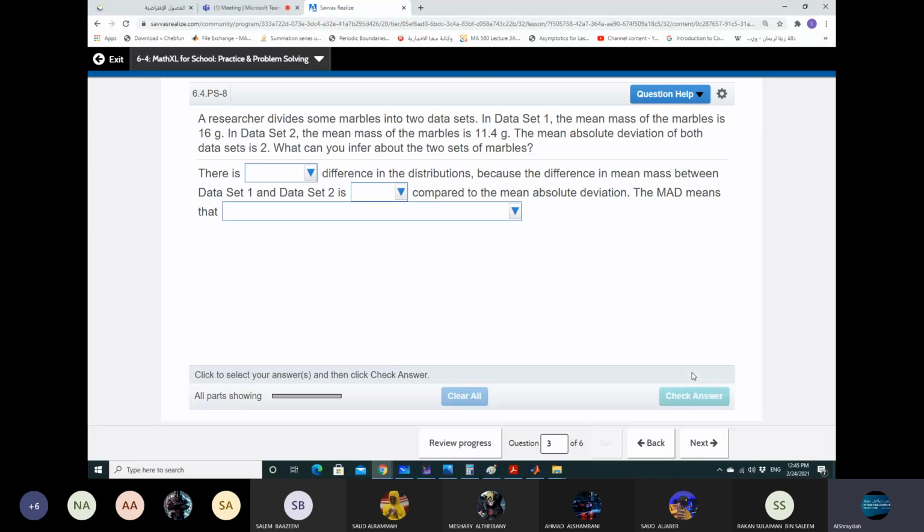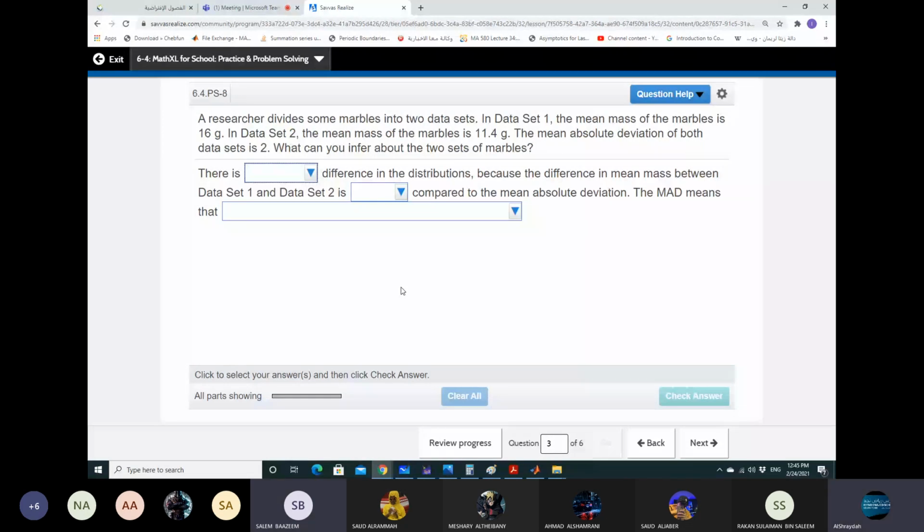Who can answer this question? Faris, yes. Some marbles into two data sets, and the mean absolute deviation of both data sets is 2. What can you infer about the two sets of marbles?